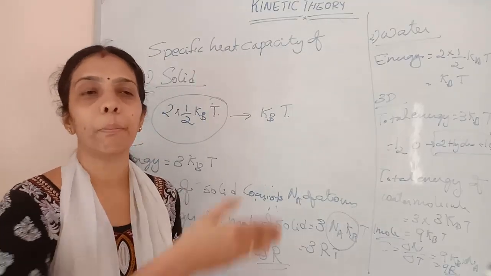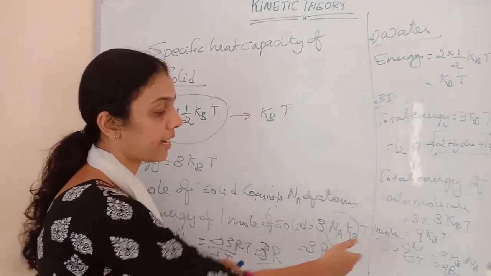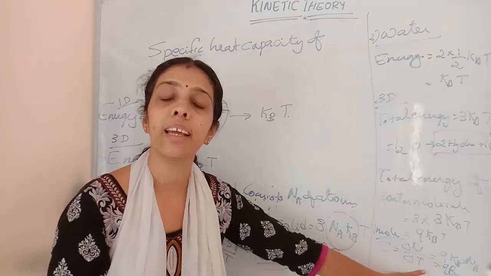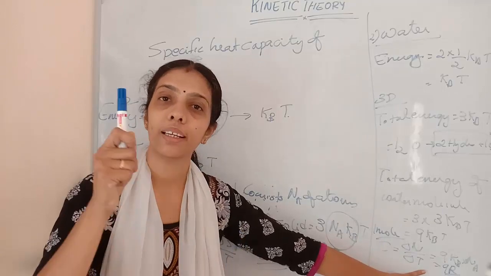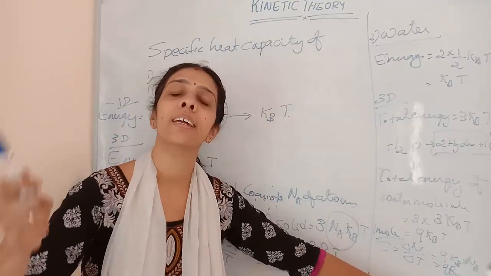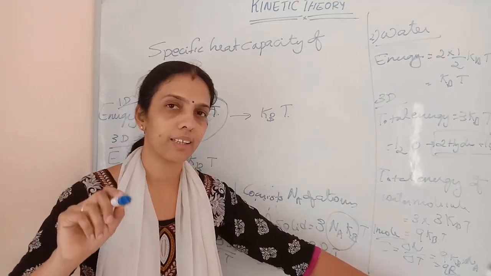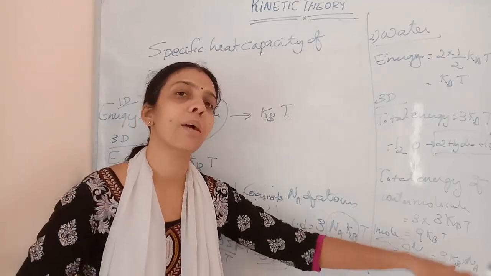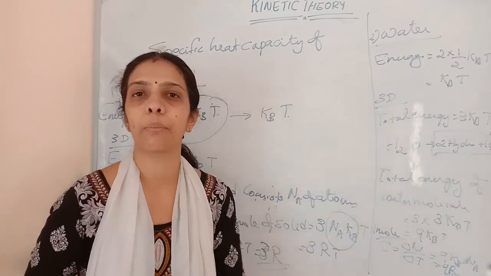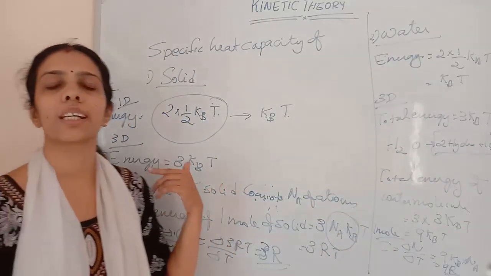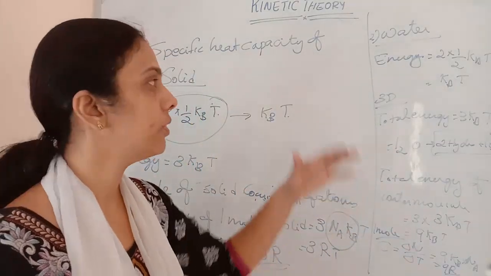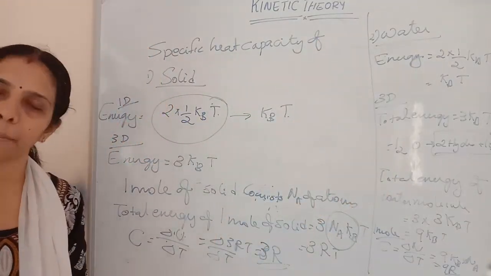But using classical mechanics, we got it as 9R, it is not changing. But as temperature decreases, degree of freedom also will be decreasing. Practically, degree of freedom also decreases, but that explanation is not coming under classical physics. So that is another drawback of classical mechanics.